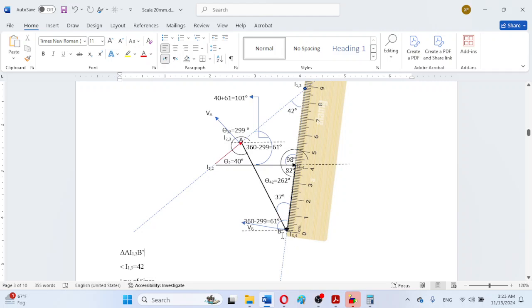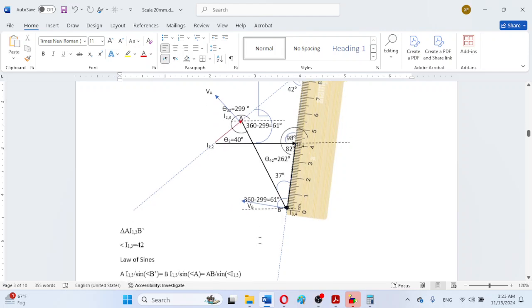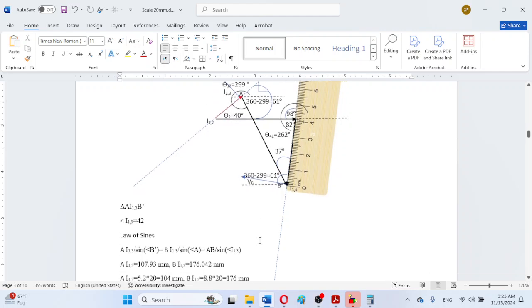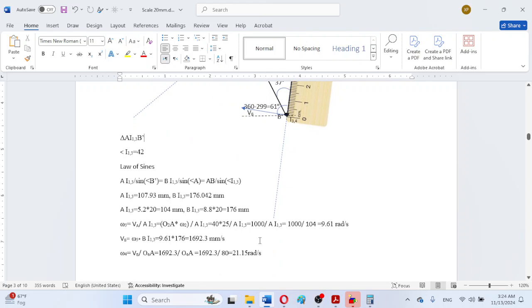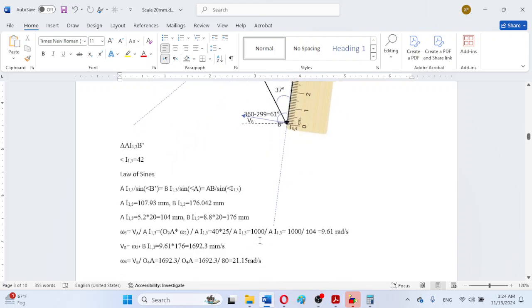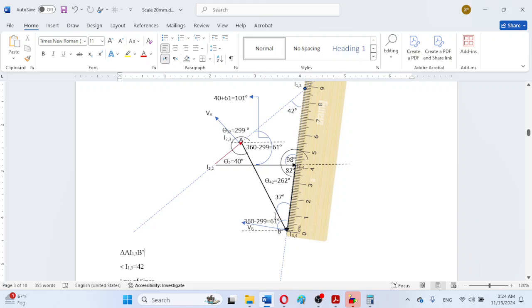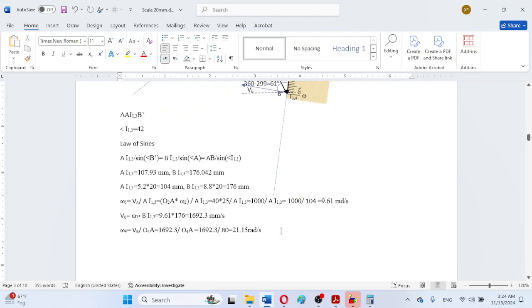As we can observe, the direction of rocker rotation will be in the clockwise orientation in this case, so that will be negative. Also the direction of rotation of the connecting rod is in the negative orientation. In this way the velocities have been calculated.